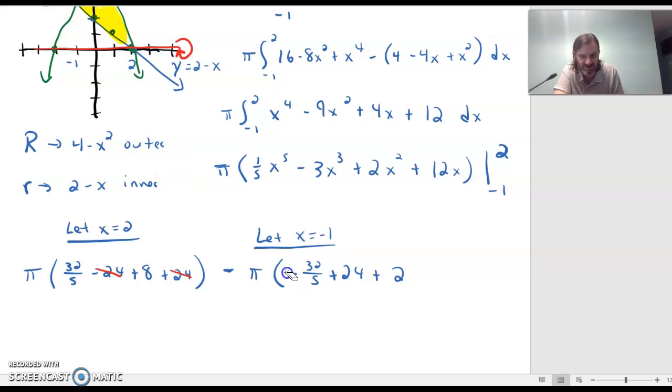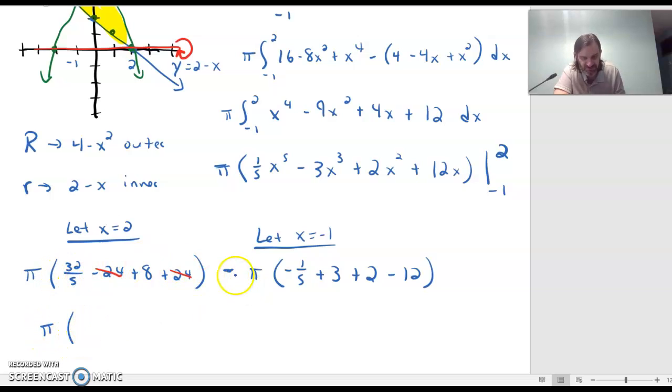So let's clean that up a little bit. You're probably wondering what was wrong with me. Good thing I caught it now. So I'm going to plug in -1, so it'll be -1 fifth plus 3 plus 2 minus 12. Now we've got quite a bit of things to collect. We'll have the pi.